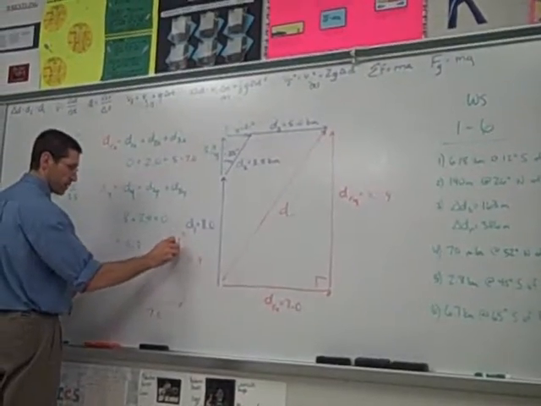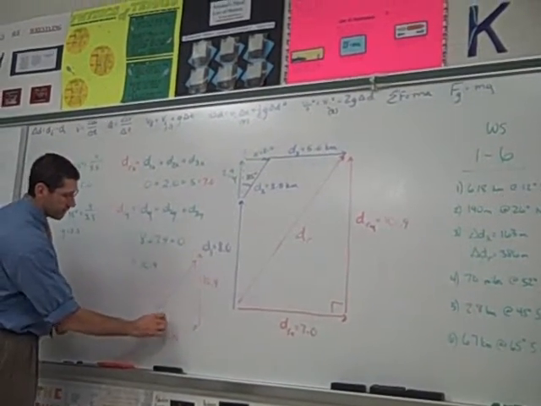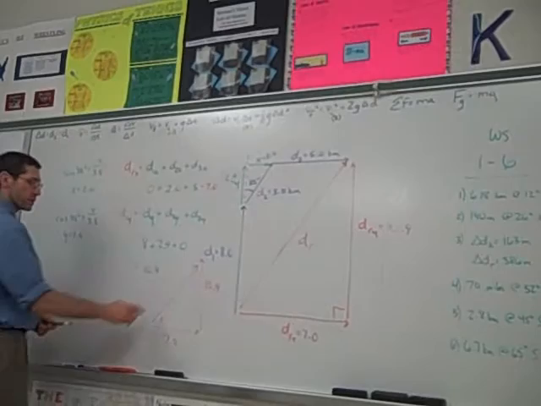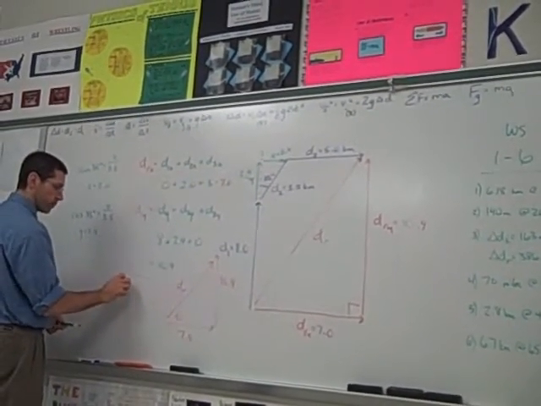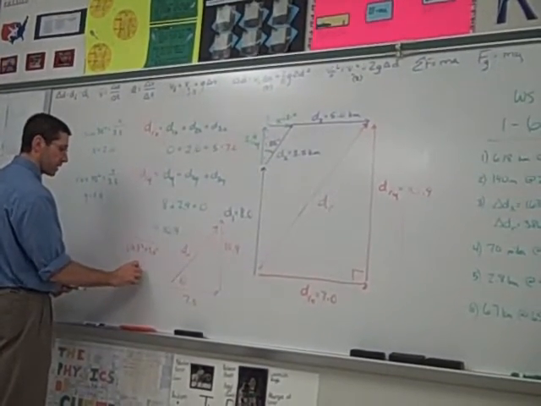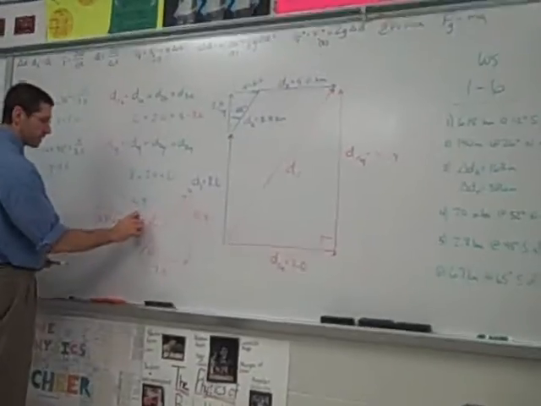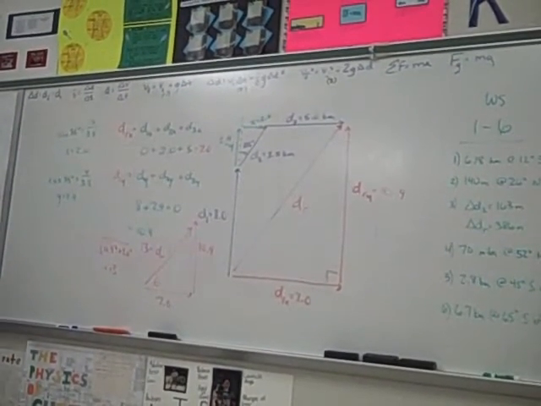So that gets him where he needs to go. So what we want to do is find this length and this angle. So to get the length of dr, we do the Pythagorean theorem. So 10.9 squared plus 7 squared, take the square root of that, get 13. So dr is 13. That is the magnitude.